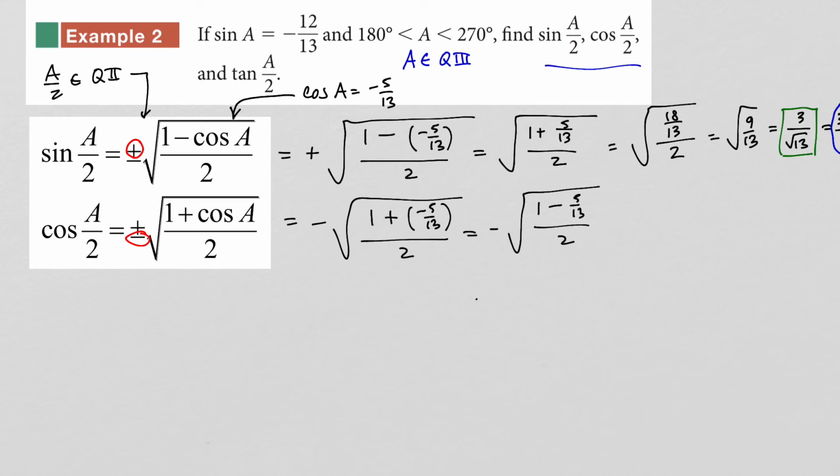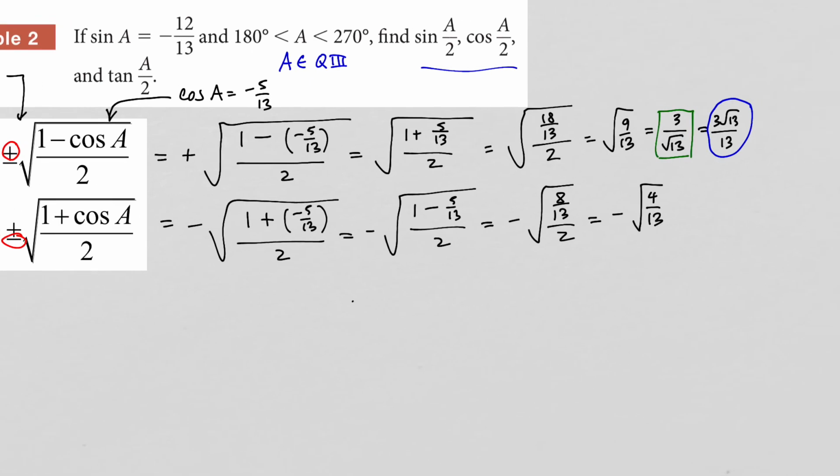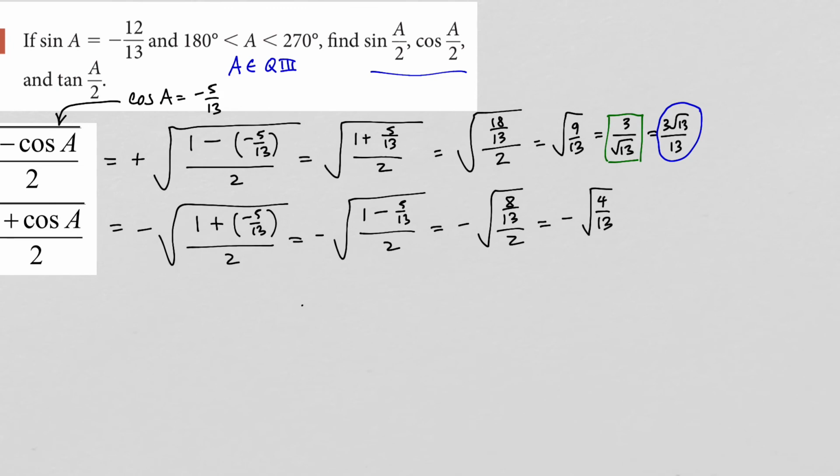So remember that 1 was 13/13, and you're subtracting 5/13, so that should be 8/13. And when you divide 8/13 by 2, you get 4/13. And I've already shown the work on how to do that division.